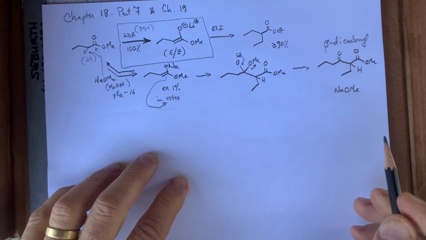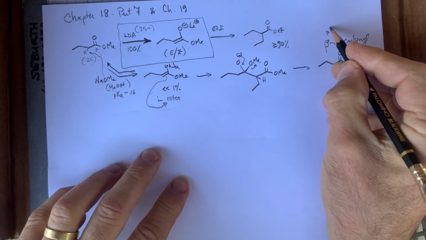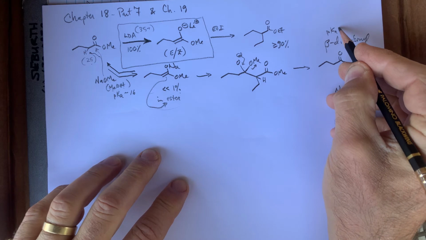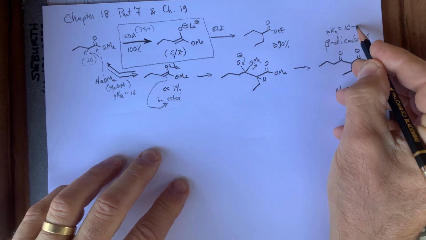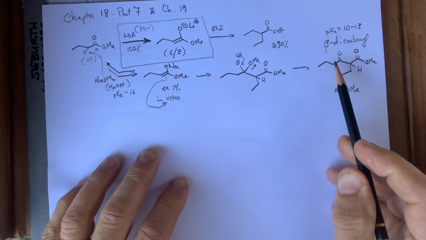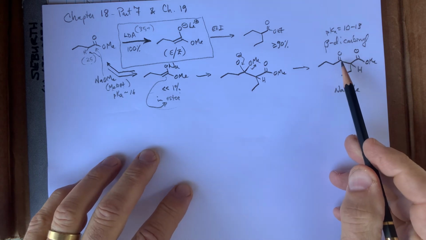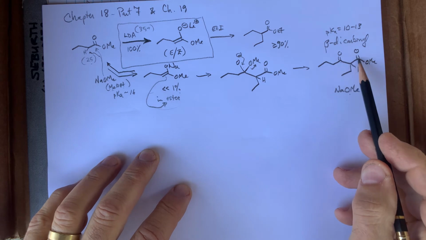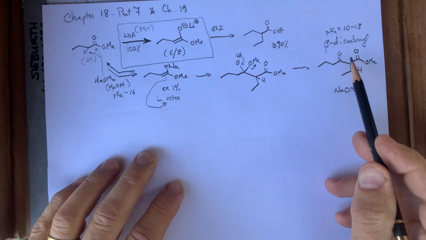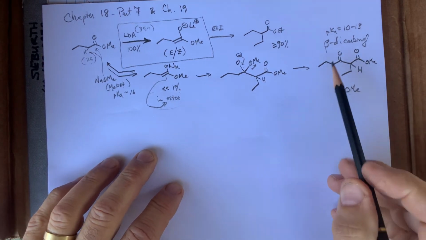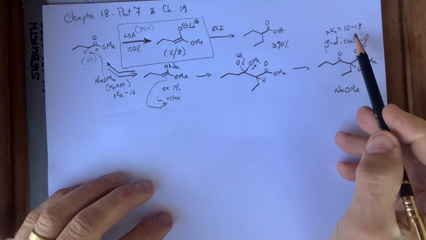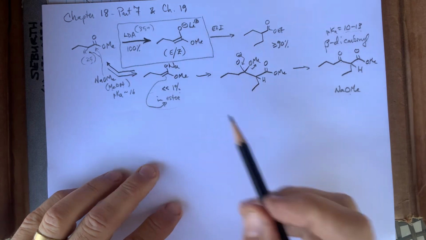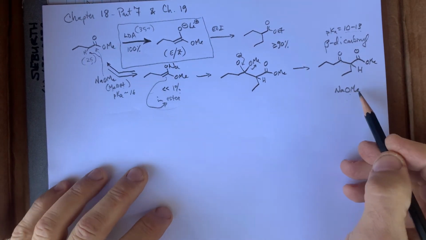And beta dicarbonyls have pKa's somewhere between 10 and 13, depending on whether you have a ketoaldehyde, a ketone, a keto ester, a keto amide, a keto nitrile. All of these qualify as beta dicarbonyls. They're far more acidic than esters, and they're more acidic than methanol.